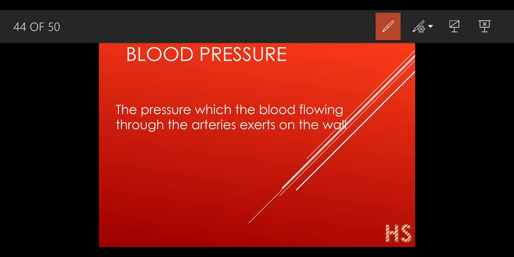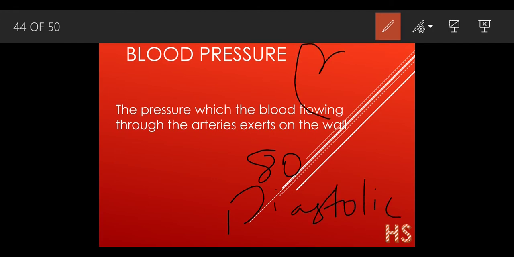Now as I said, what was 80? It was the diastolic pressure. What does that mean? Suppose as I made a heart, and I am drawing a valve out here.